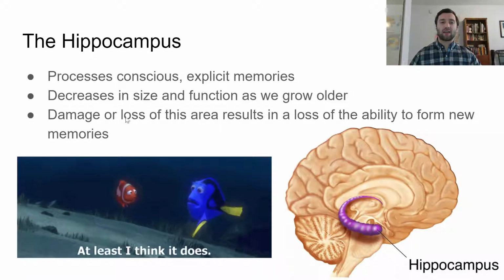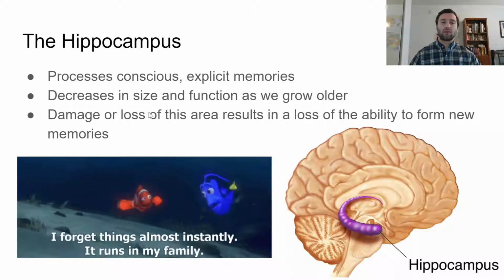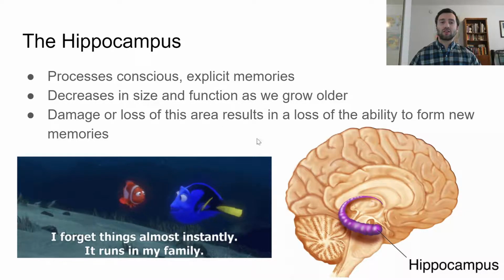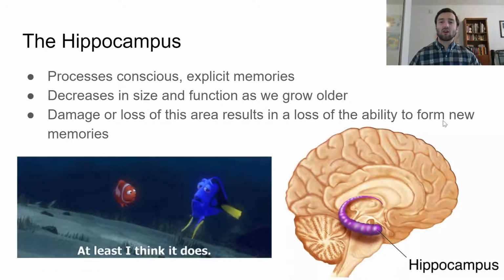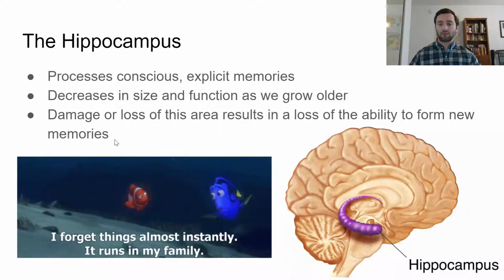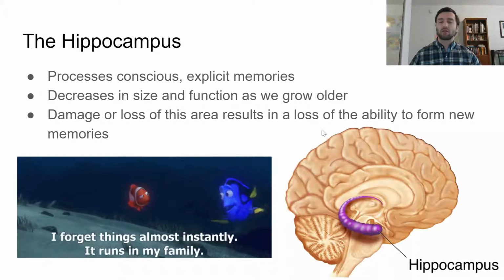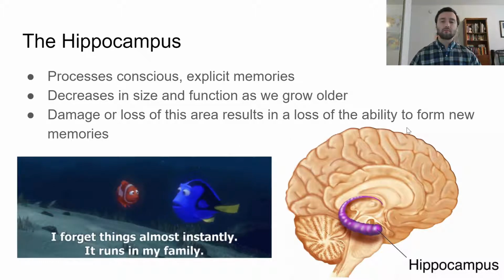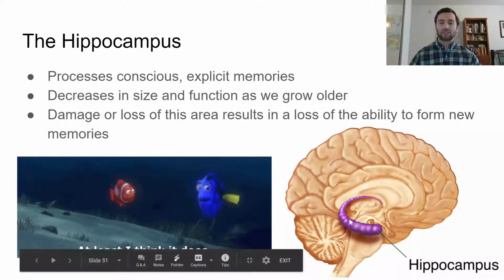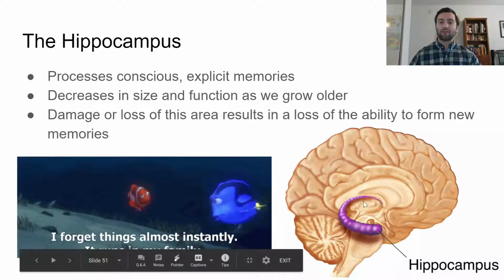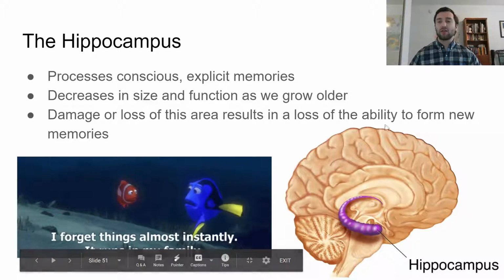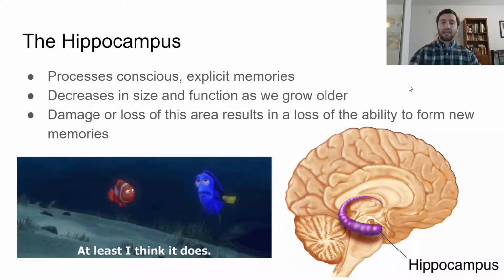We also see this connection to memory because if the hippocampus is damaged, we see a loss in the ability to form new memories. We'll talk about this when we talk about cognition and memory specifically. There have been people in the past who have this damaged, and they literally lose the ability to make any new memories.